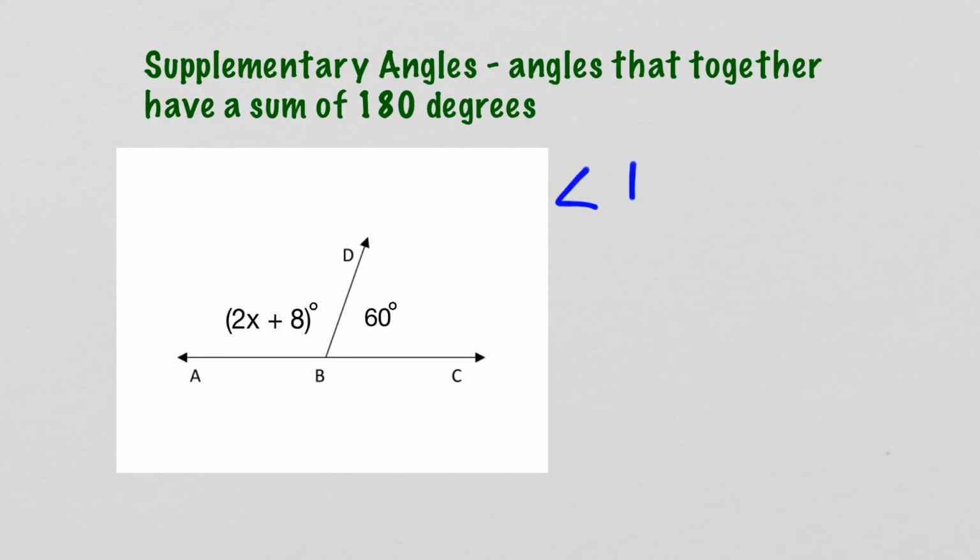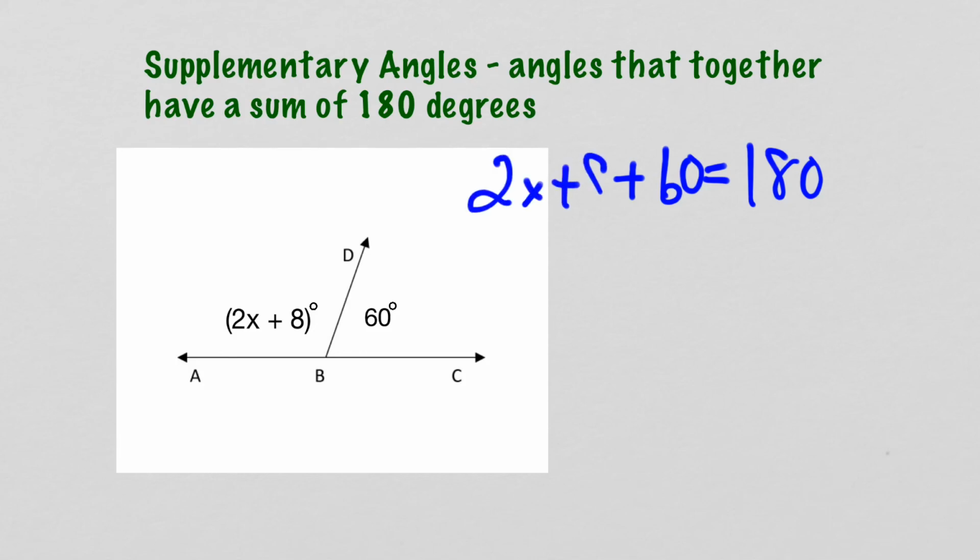Angle plus angle is going to equal 180. Okay? One of those angles was 60 degrees, so we're going to go ahead and pop in 60. And the other angle was 2x plus 8, so let's pop that in there as well. 2x plus 8. And then we're going to go ahead and solve it.